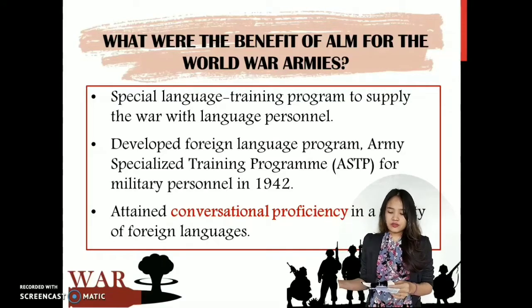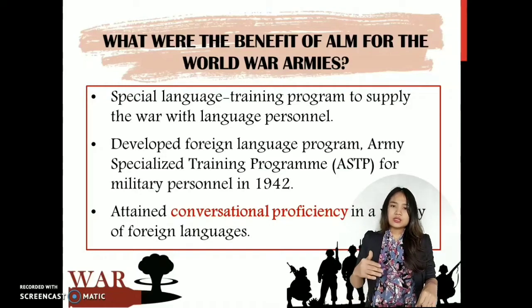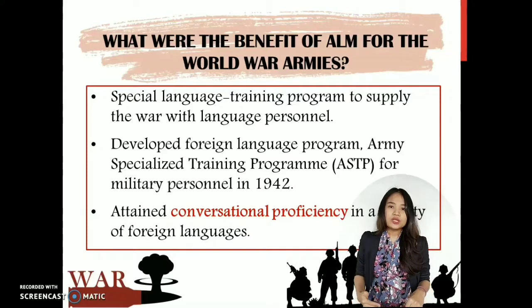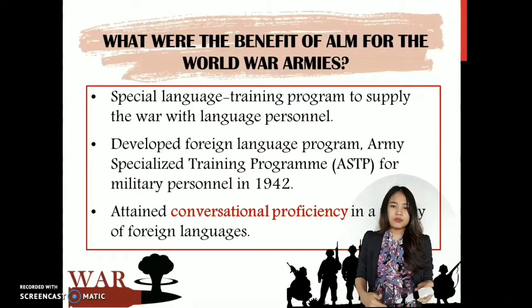So they asked several American universities to teach this method to the army, and the training program was called ASTP, or Army Specialized Training Program, conducted in 1942. And what is the benefit? This program can increase the communicative competence of the army to prepare them for World War II.